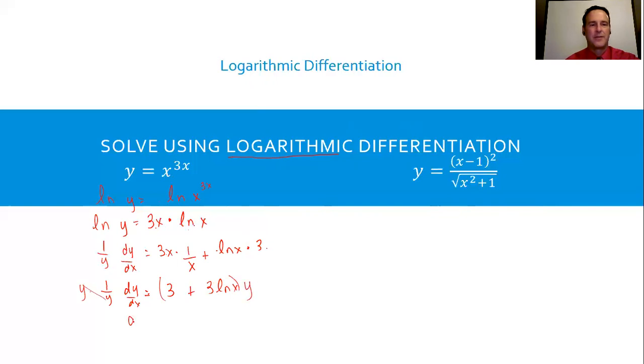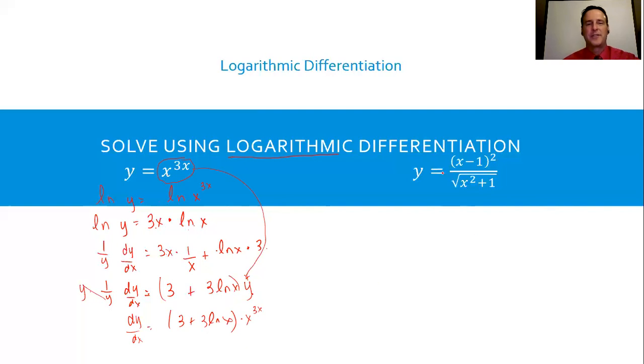And these guys will go away. And let's see, 3 plus the 3 natural log of x. And what is y? Well, if I go back to my original directions, y is x to the power of 3x, okay? And then you are done.